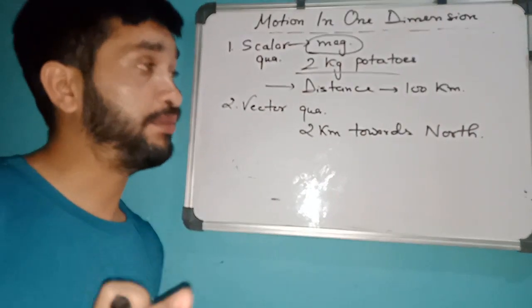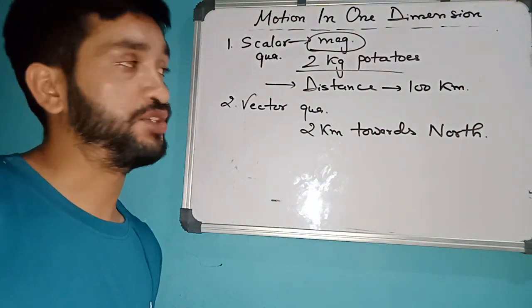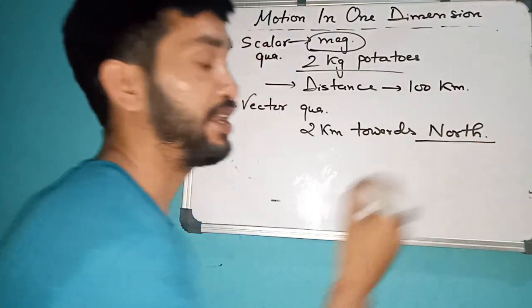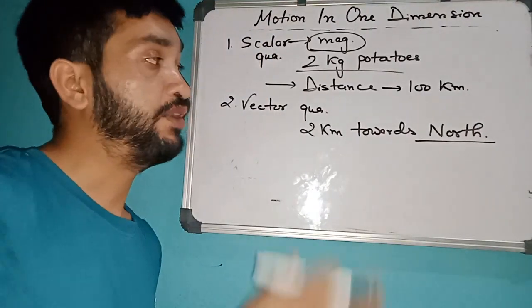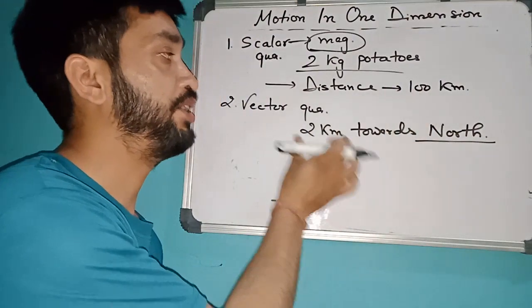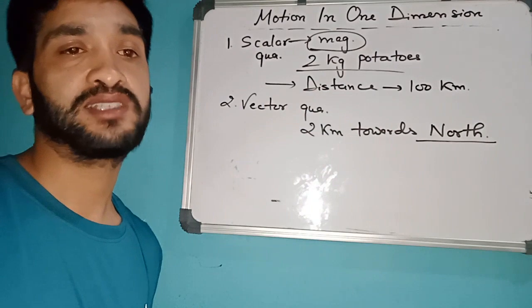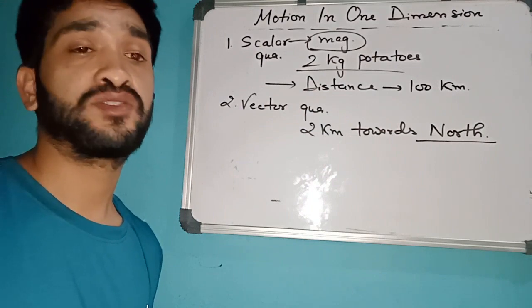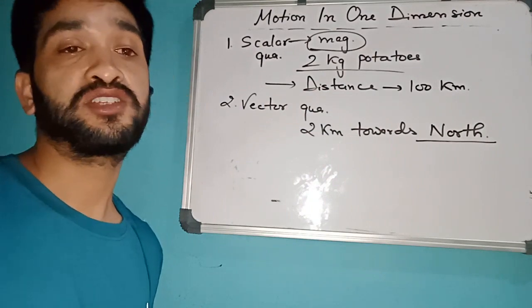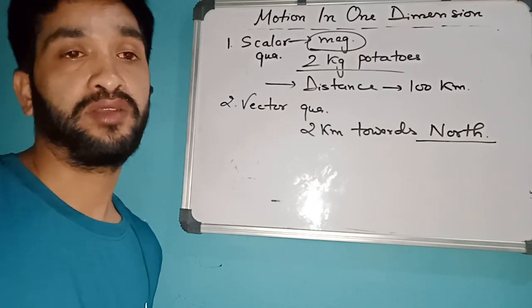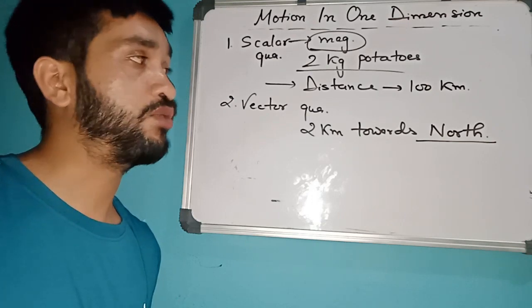So it means that you cannot go in any direction. You have to go in the north direction, meaning direction is specified. When direction is given along with the magnitude, you call it a vector quantity. Just like scalar quantity, what you have to add extra is that there is a direction associated with vector quantity. Only that much is the difference between scalar and vector quantity.